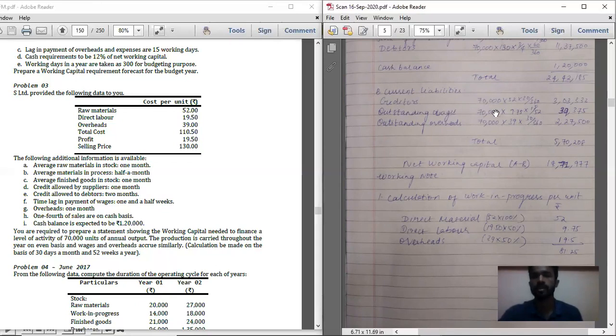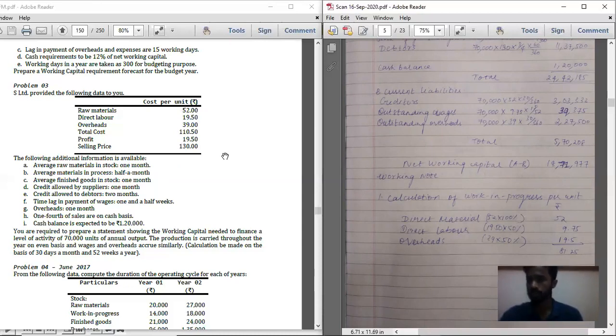How many days are given for creditors? 1 month. So credit allowed by suppliers is 1 month. They are giving us a time of 1 month. So what is the raw material cost? And that 1 month is the time period which we are getting. So in the calculation column, put 70,000 into raw material cost, 52, into 30 divided by 360.